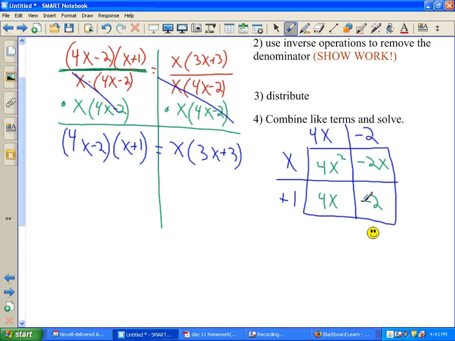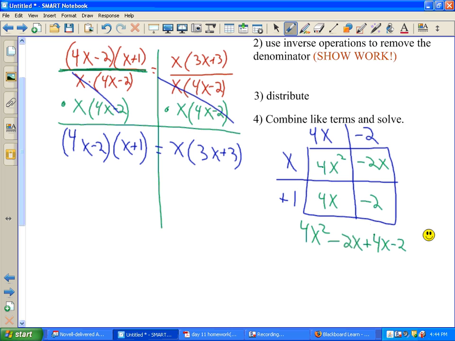You can either combine them mentally right now, or write them down. 4x squared minus 2x plus 4x minus 2.